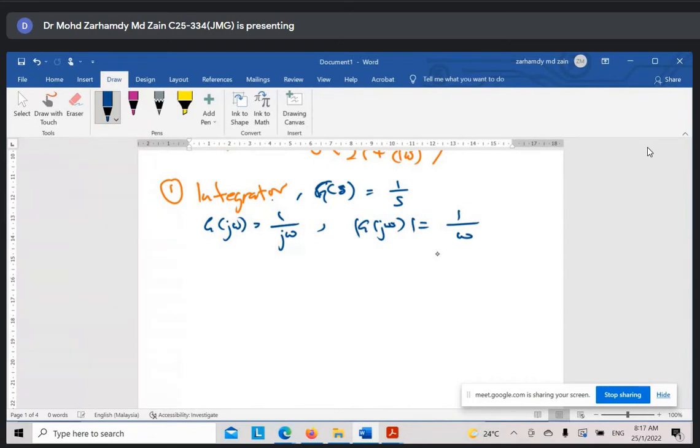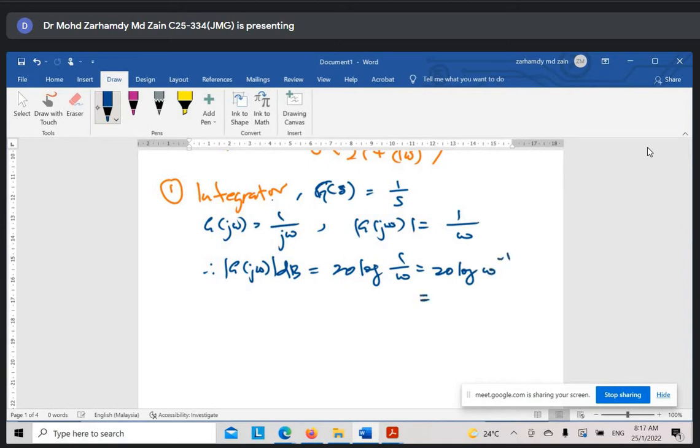No problem. But if we concentrate on the Bode diagram, we need dB, decibel, and we have 20 log 1 over omega, which equals negative 20 log omega.